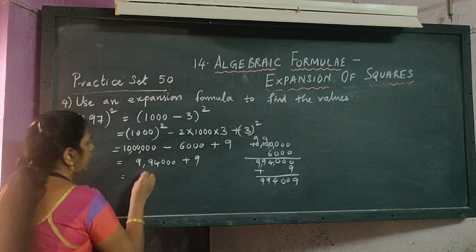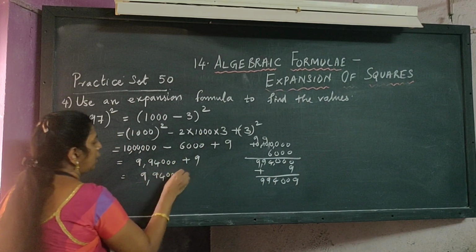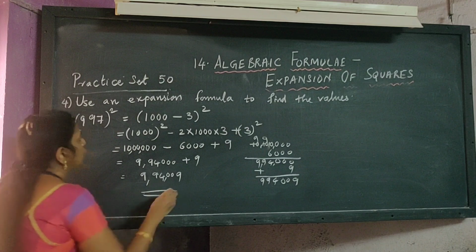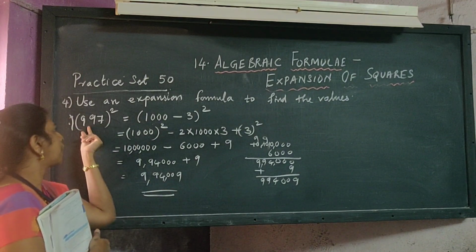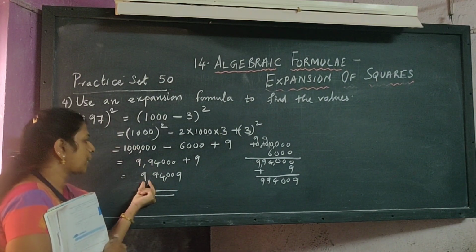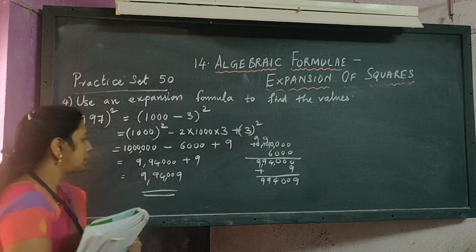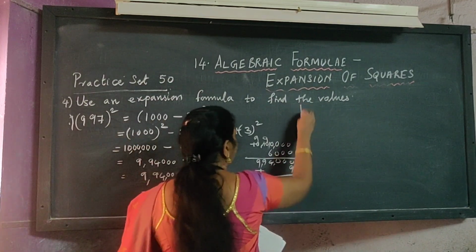So you will get 9,94,009. So when you take the expansion of 997 the whole square, we will get 9,94,009.